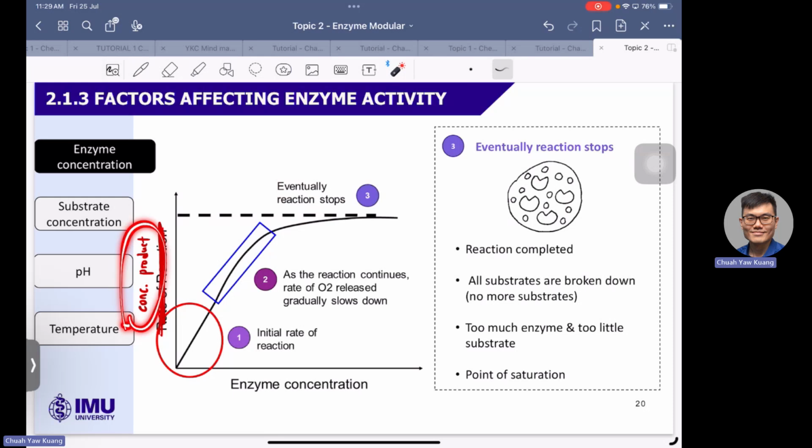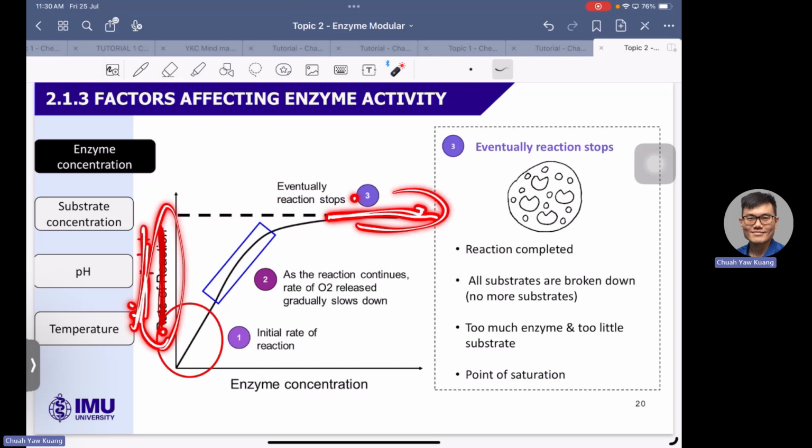In the exam, be careful on this. The graph is not necessarily the rate of reaction. It can be the concentration of the product. If it is a rate of reaction, then the reaction is still ongoing, even when the graph levels off.